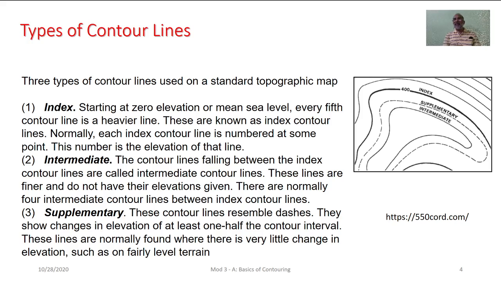So, under such circumstances, half of the distance covered by two subsequent contour lines is presented by this supplementary contour line. According to this definition, except index contour, none of the contour lines are provided with the value with reference to which it is produced.